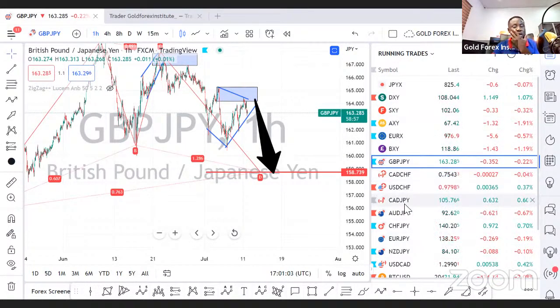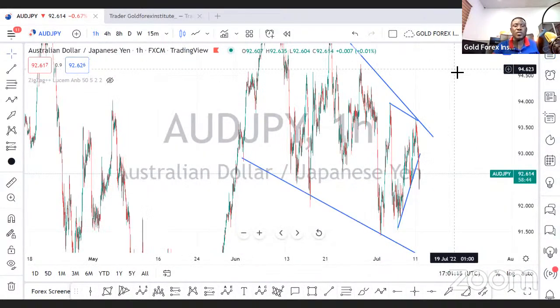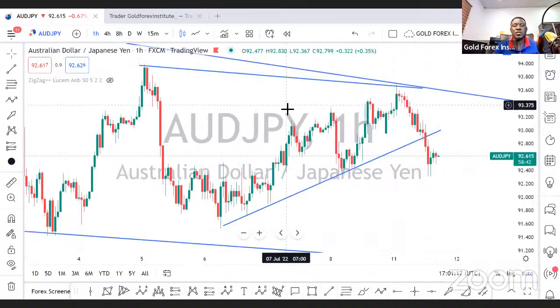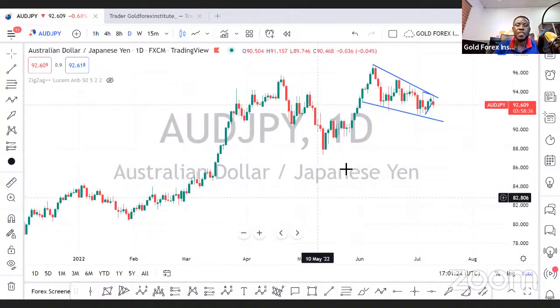So our next one we are looking at is AED-JPY. It is still weak, right?